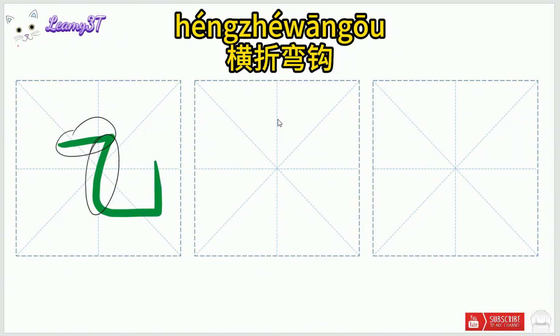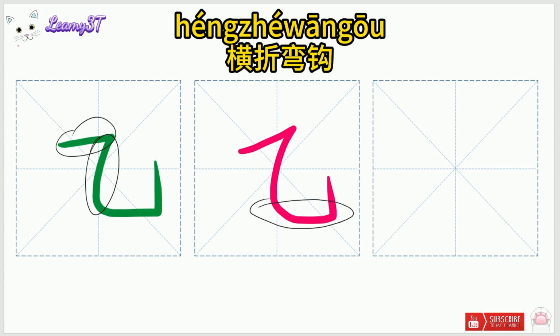The topmost 横 can tilt upward, like this. But 横 after the turn must be level. The turning point should be smooth.